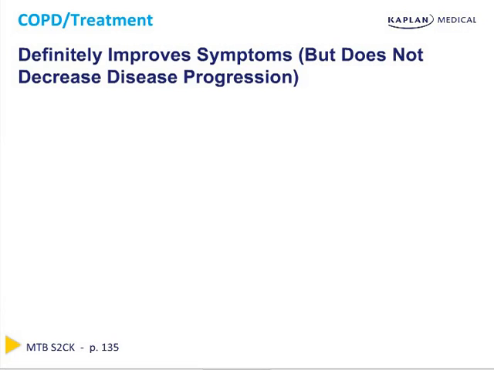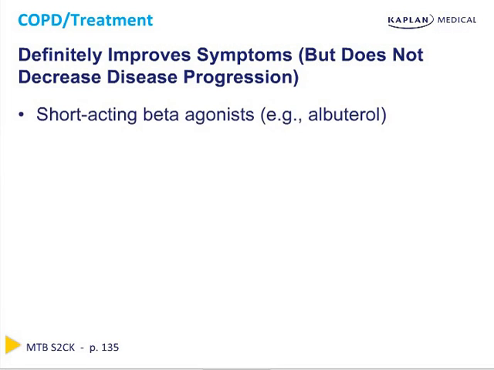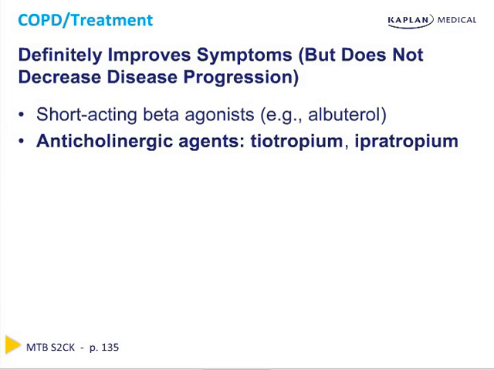In addition, a number of therapies have been shown to decrease symptoms for these patients, but do not decrease disease progression. The first of these is short-acting beta agonists, such as albuterol, which are particularly helpful for those patients who do have some degree of airway reversibility in their obstruction. Anticholinergic agents, tiotropium, which is long-acting, or ipratropium, its short-acting version, have been very helpful in COPD symptoms.